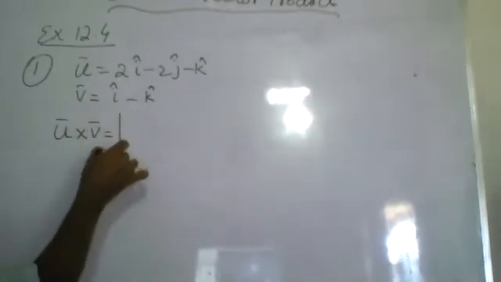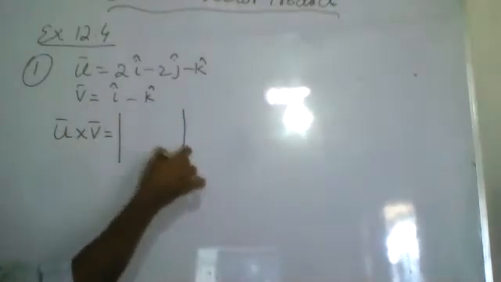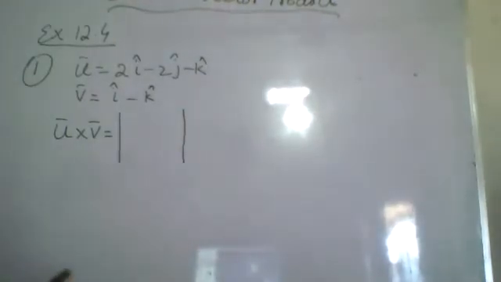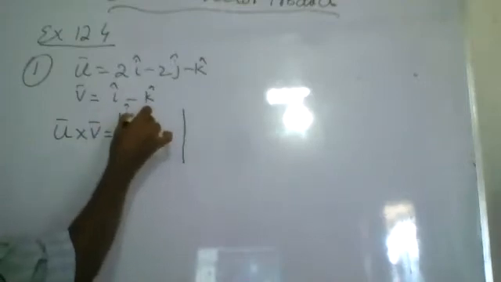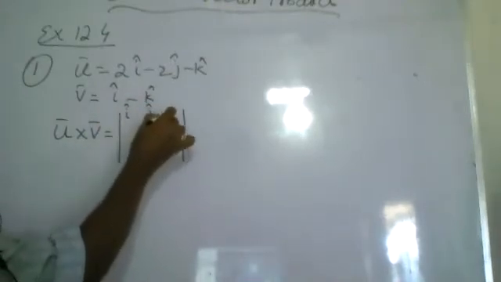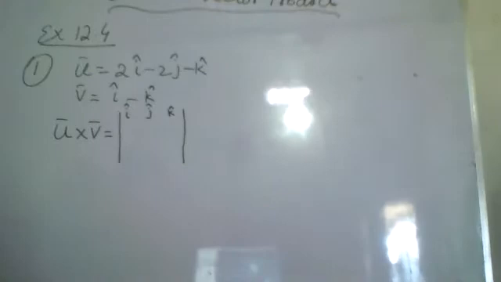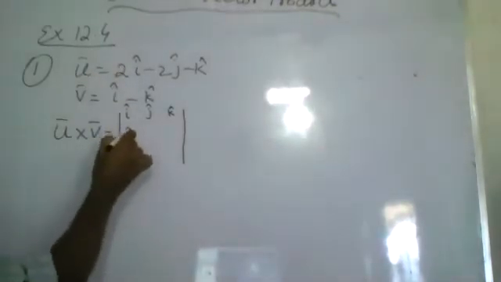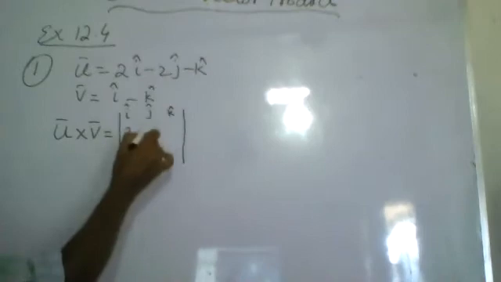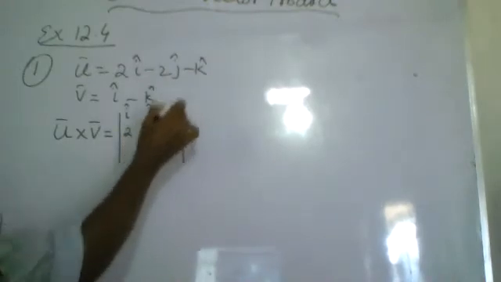We will make a determinant of 3 by 3. In the first row, I will write i, j, and k. In the second row, I will write the components of vector U: i 2, j minus 2, and k minus 1.